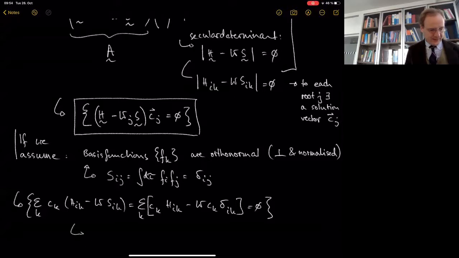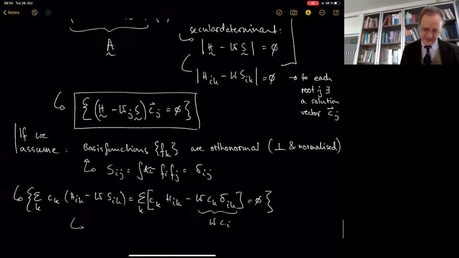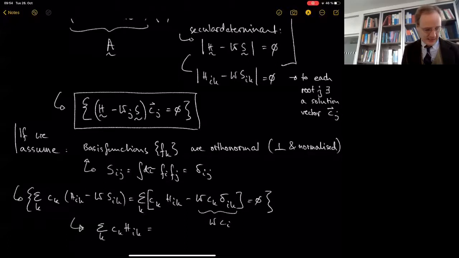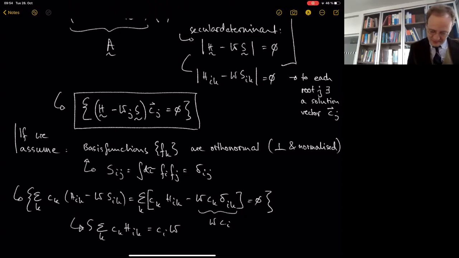In this case, only k equals i survives, so this is a constant ω c_i. The Kronecker delta kills this, and our sum on the left survives, and we have the sum over k of c_k h_ik equals c_i ω.